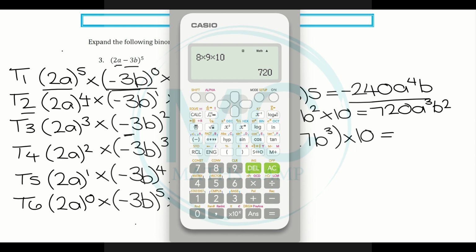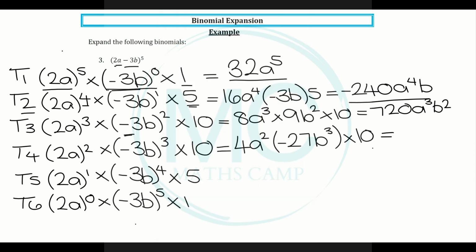Take my calculator. I'm going to say negative 27 multiplied by 4 multiplied by 10 gives me negative 1080. This becomes negative 1080 a squared b cubed.